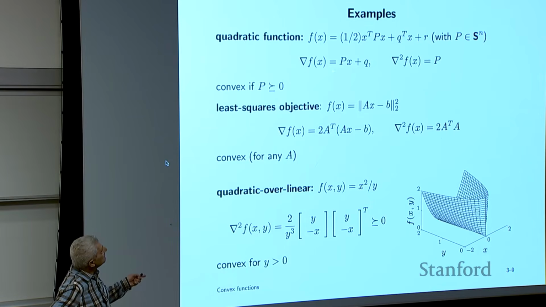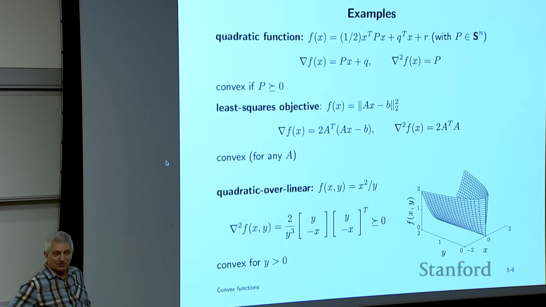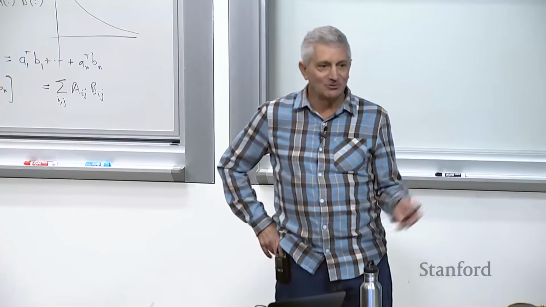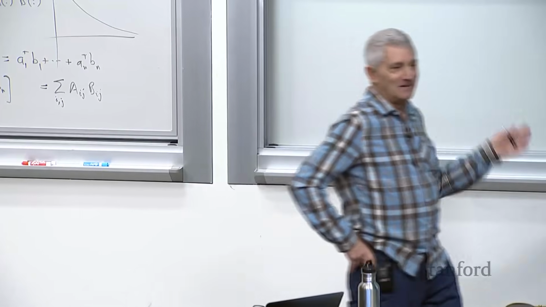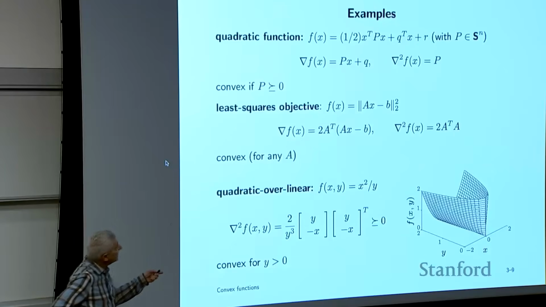Well, the gradient turns out to be Px plus q. And then it turns out that the Hessian is just P. It's constant. It has constant curvature. So you'd say, well, it's silly. A quadratic function has constant curvature. Well, duh. That's kind of what it means, right? And then it turns out if this matrix P is positive semi-definite, this thing is convex, and that's if and only if. Here's one, the least squares objective.